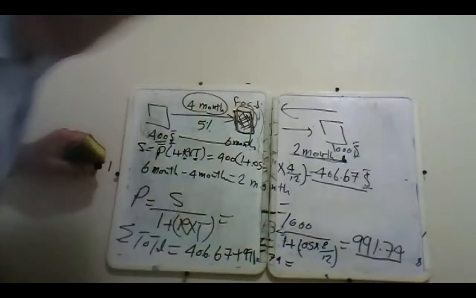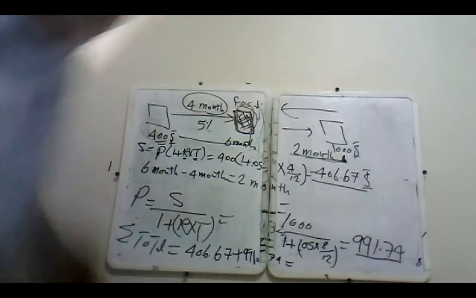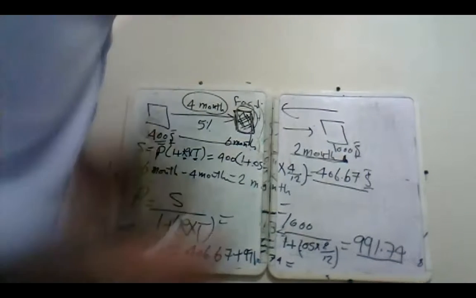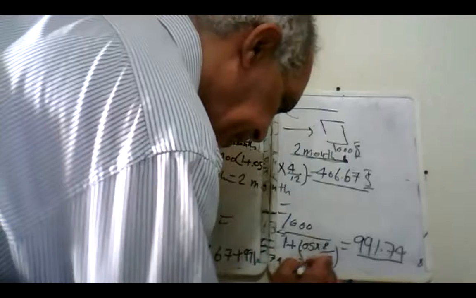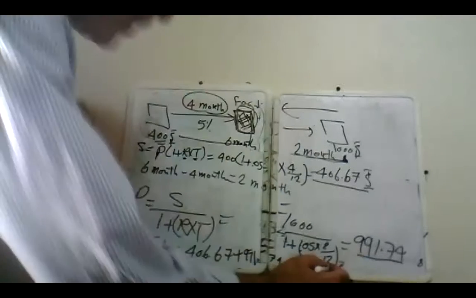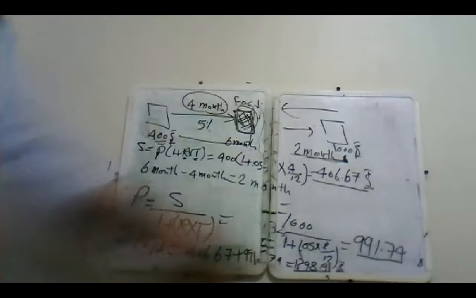This all comes to the equivalent payment, which will be 1398.41 dollars. This is the amount on the focal date.